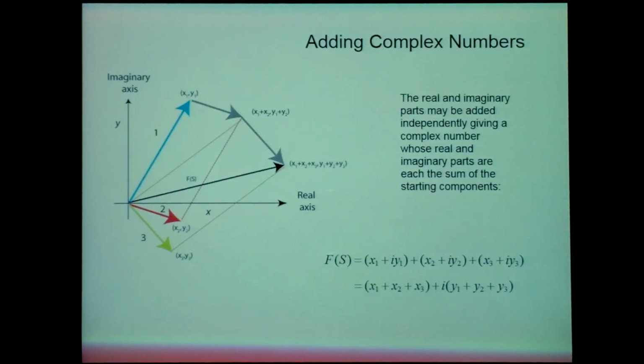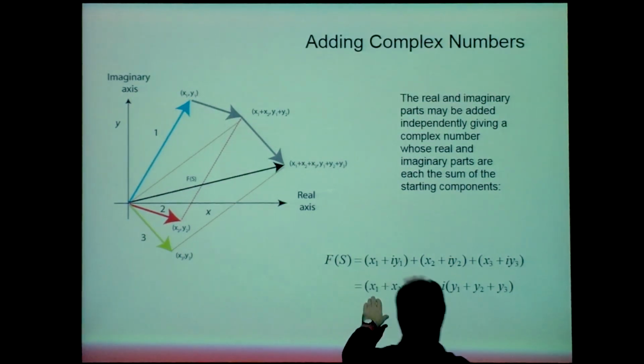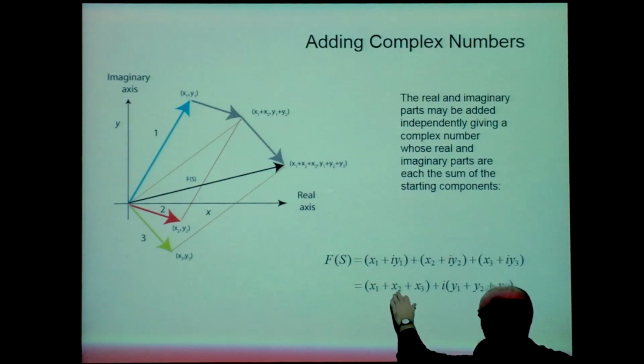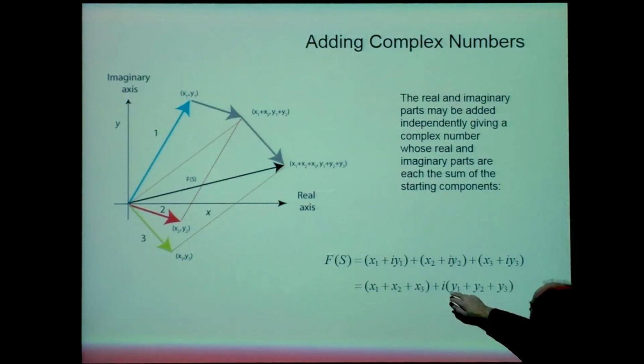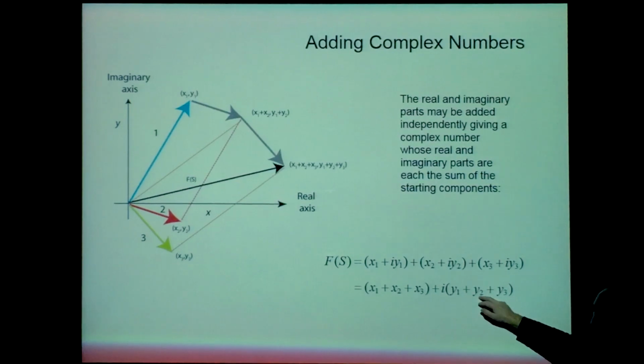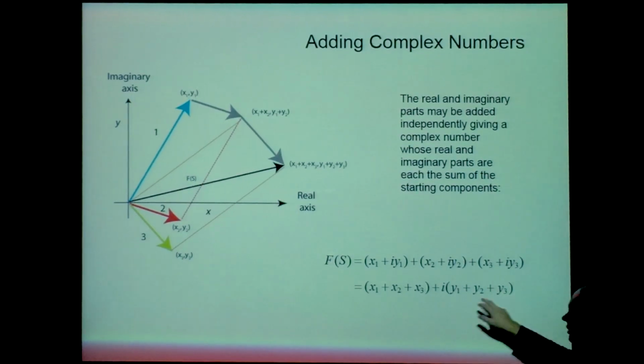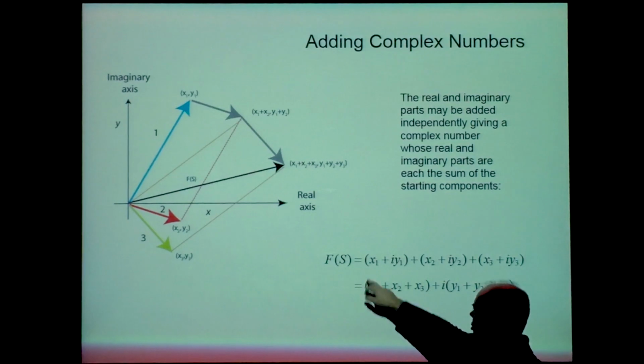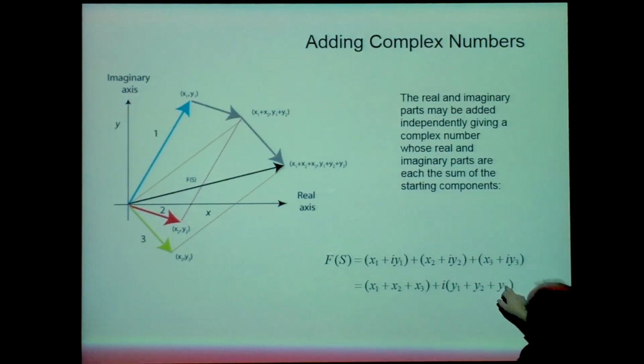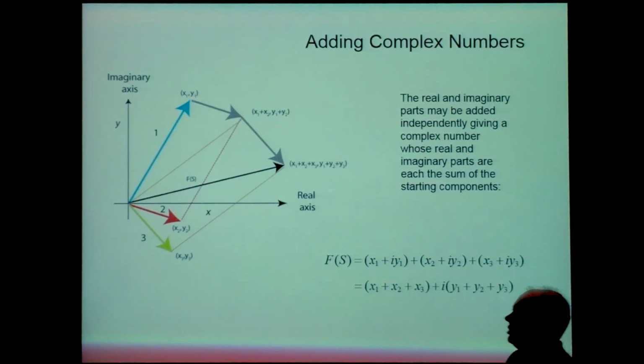Now, adding complex numbers is very easy. If we have a reflection 1, a reflection 2, and a reflection 3, and these are added together, you get the real components, x1 plus x2 plus x3, and the imaginary components, y1 plus y2 plus y3, and then the intensity will be the square of these components, but losing the imaginary information.